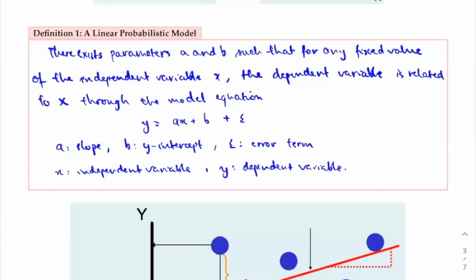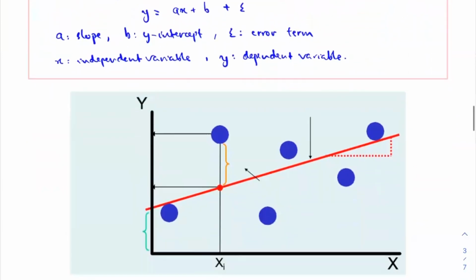All right, so now let's take a look at the following picture, which tries to depict the equations that we just wrote down. You have a bunch of data points, which are the points in blue, and each has coordinates x sub i, y sub i. That's a data point from the data set that you got. Now, you want to fit a linear line through these points using linear regression, and the line is y equals ax plus b plus epsilon.